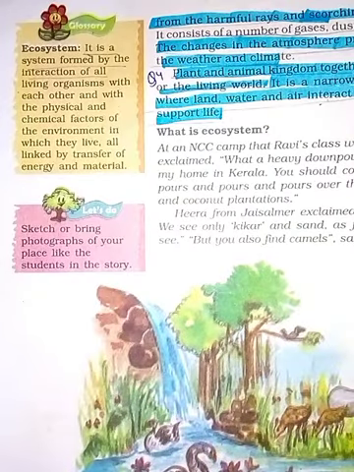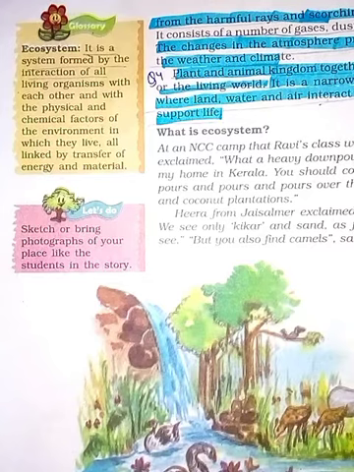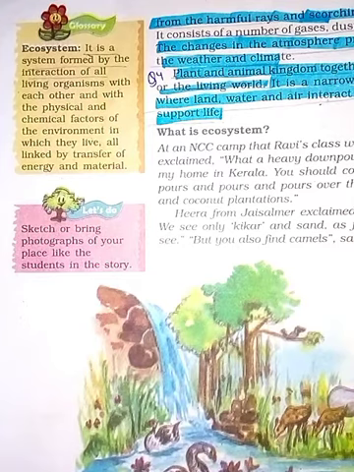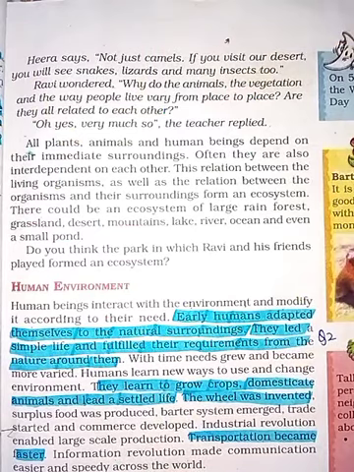Ecosystem. It is a system formed by the interaction of all living organisms with each other and with the physical and chemical factors of the environment in which they live, all linked by the transfer of energy and material. Hira says, "Not just camels.